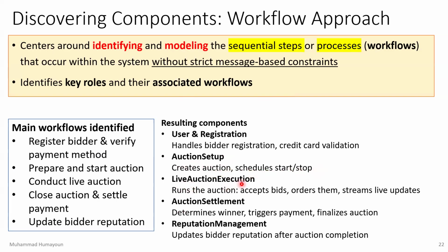You can have live auction execution, which runs auctions: accept bids, order them, live streaming updates, etc. Auction settlement determines the winner, triggers payment, and finalizes the auction. And then you can have reputation management, which updates the bidder reputation after the auction is completed.